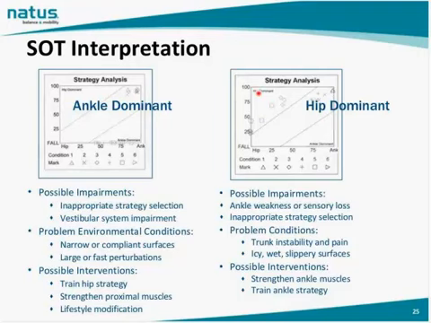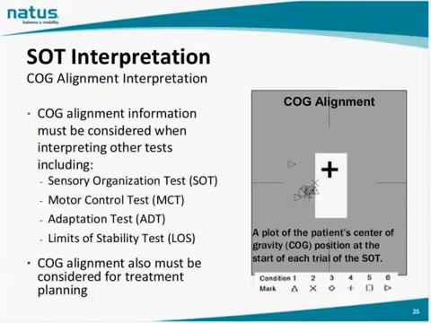So you need to take these pieces and put them all together to look at that puzzle. And the center of gravity is a critical one as part of that. As I was saying with the elderly, they frequently will have a tendency to lean far too far anterior because they're afraid of falling over backwards. A lot of vestibular patients will have a bias to either the left or the right side, which can, in some cases, tie into the side of a peripheral deficit, but that data set, to my knowledge, has not been totally supported.